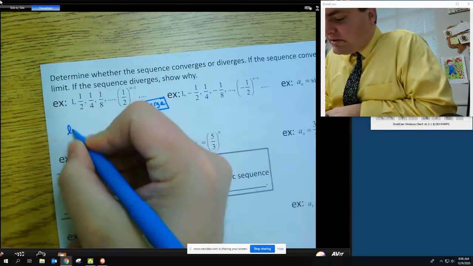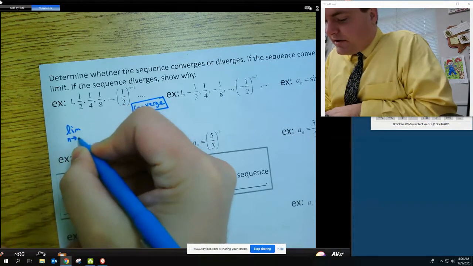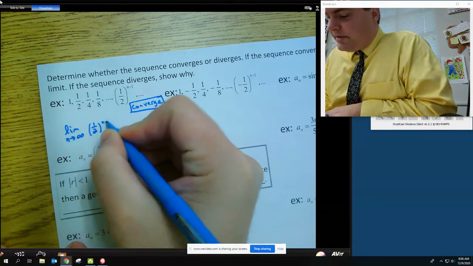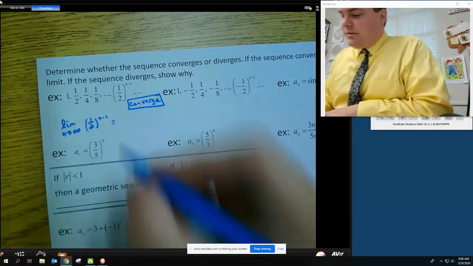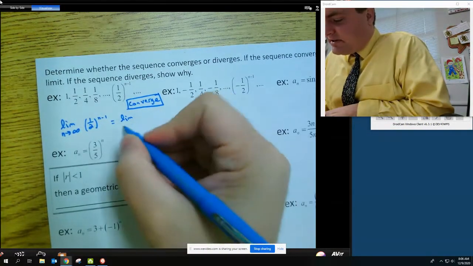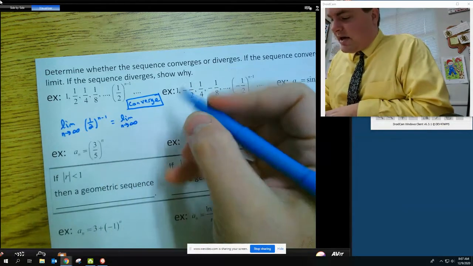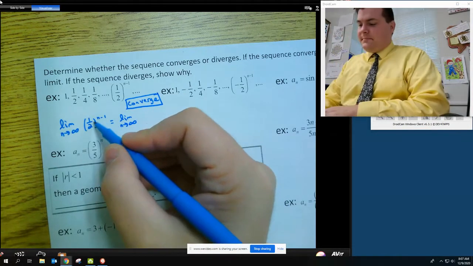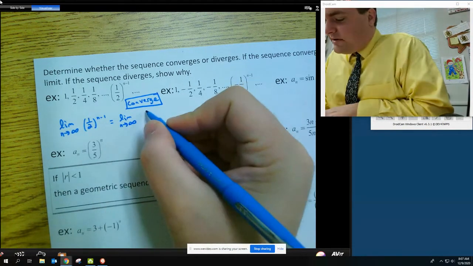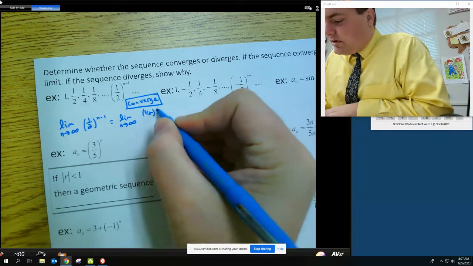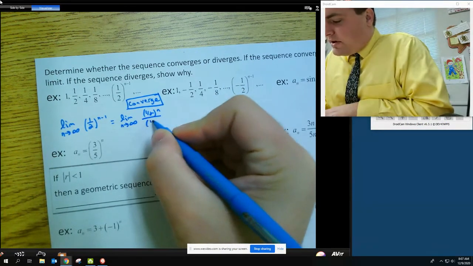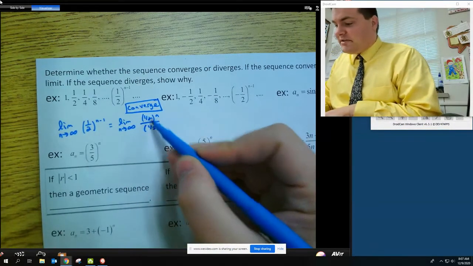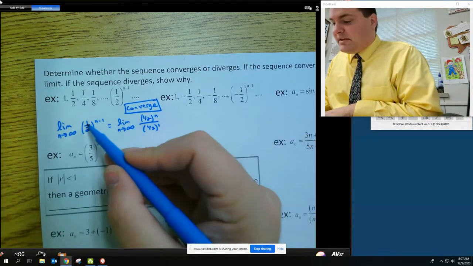So the limit as n approaches infinity, because n is my variable, of 1 over 2 to the n minus 1. We can rewrite that as the limit as n approaches infinity of 1/2 to the n all over 1/2 to the 1, because if it's the same base, it would just be the base to the n minus 1.